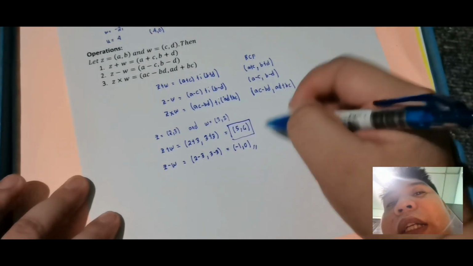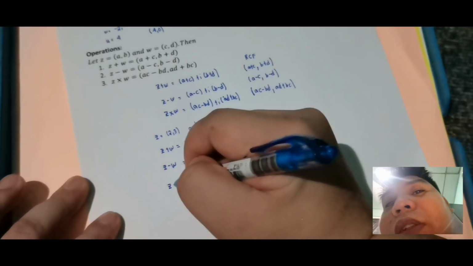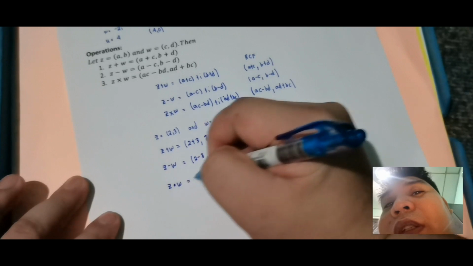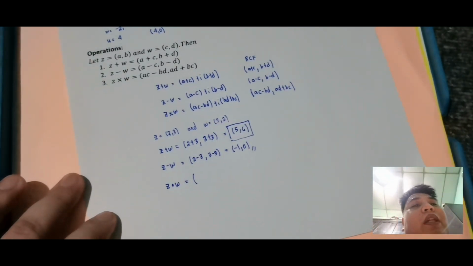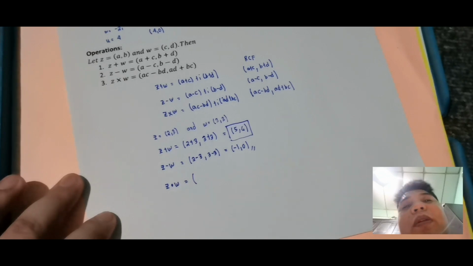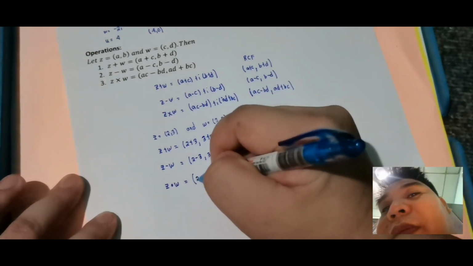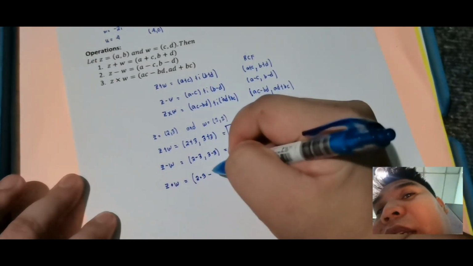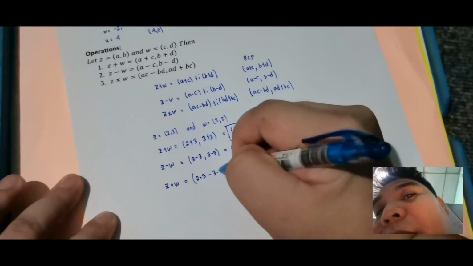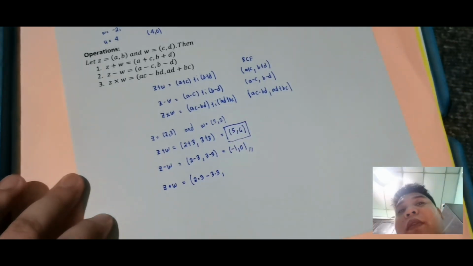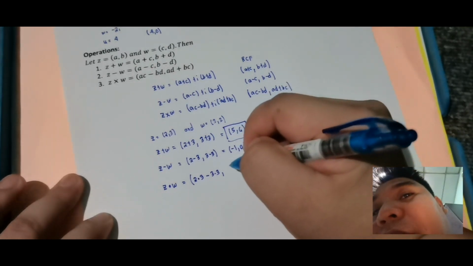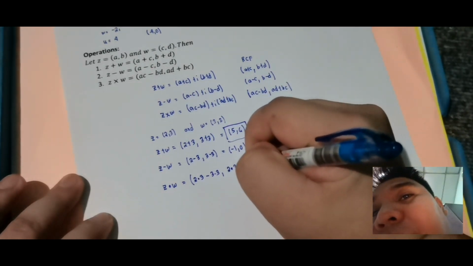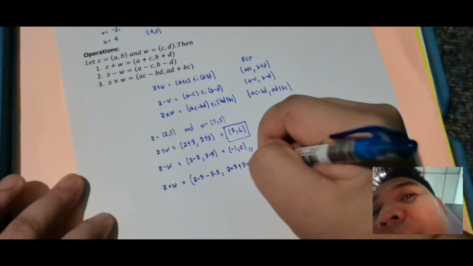Okay, so lastly, yung product o yung multiplication, Z times W, that is equal sa, ang sabi, AC minus BD. So, AC minus BD, so that is 2 times 3 minus BD, that is 3 times 3, comma, AD plus BC, that is 2 times 3 plus 3 times 3.